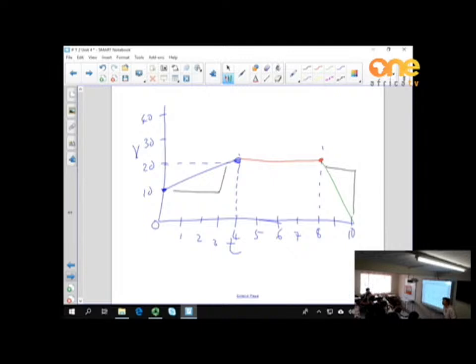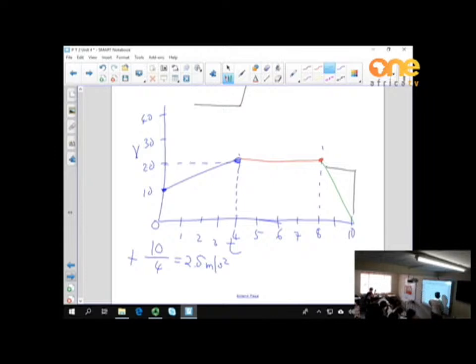The gradient of the line. You can use the whole line. The change in velocity is 20 minus 10, so for the blue part the change in velocity is 10 over a change in time of 4. So the acceleration is 2.5 meters per second squared, and it's positive.